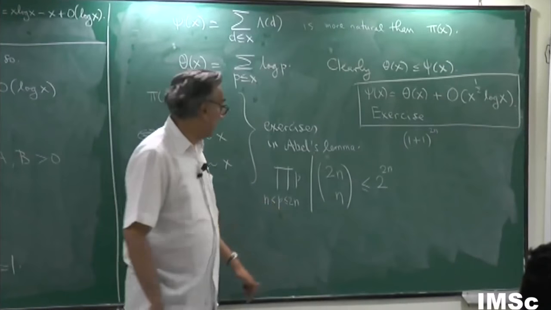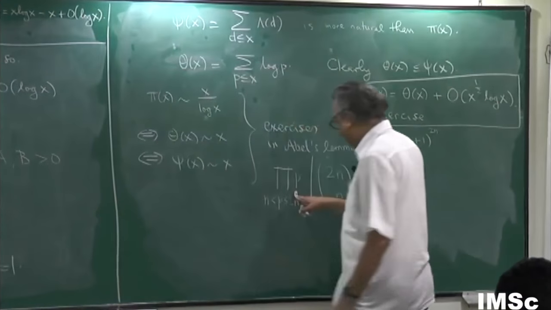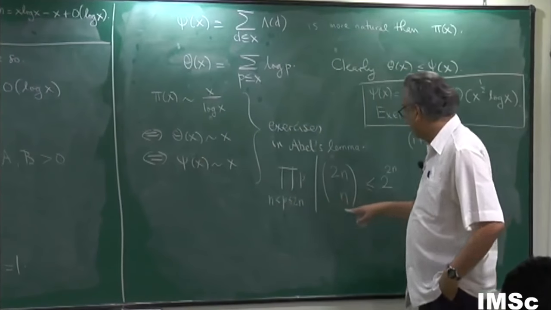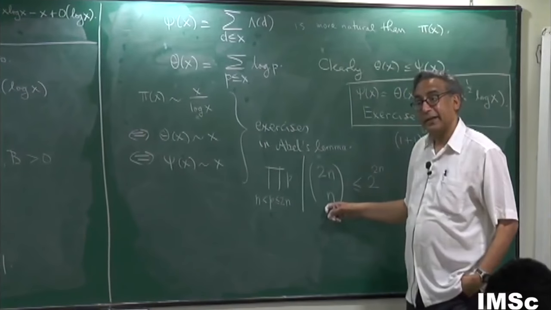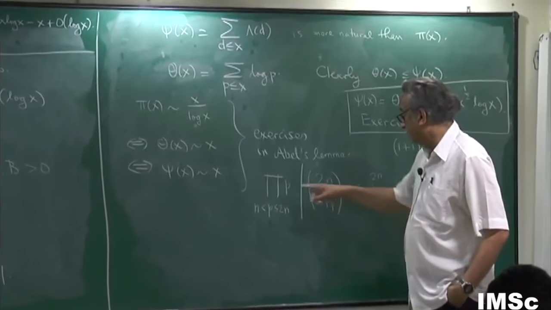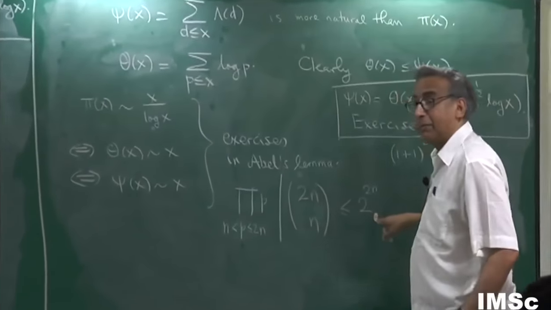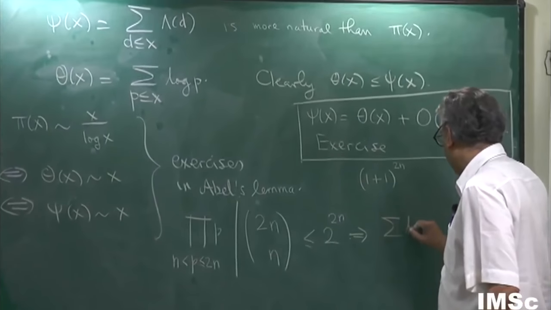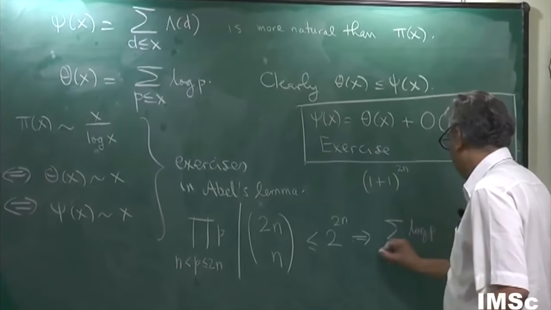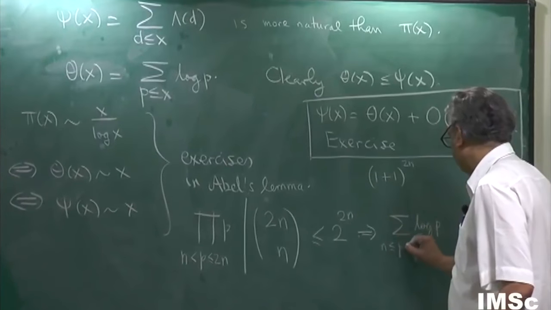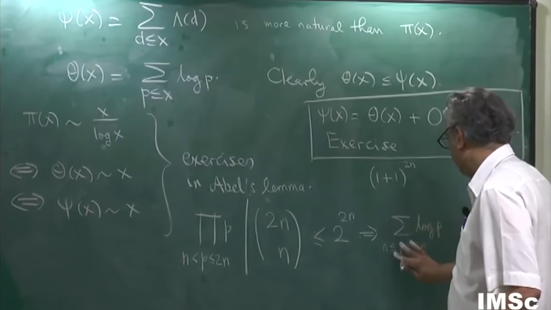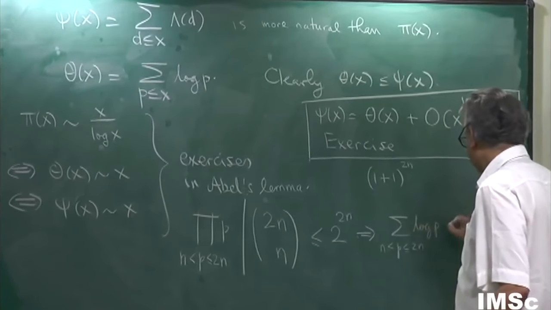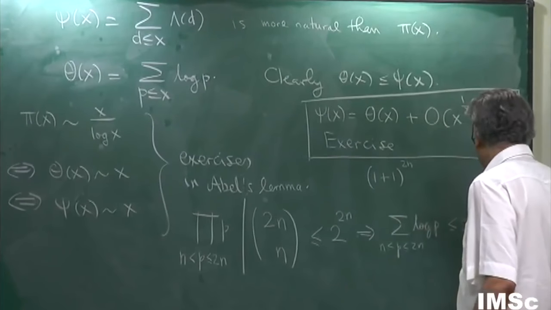Okay? So here we have all the primes between n and 2n as divisors of this thing. And therefore, if I take log, so this number is less than this number. So I take logs, the summation of log p between n and 2n, okay, this strict inequality, is less than 2n log 2.